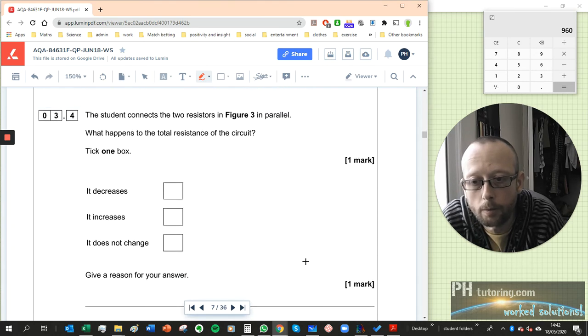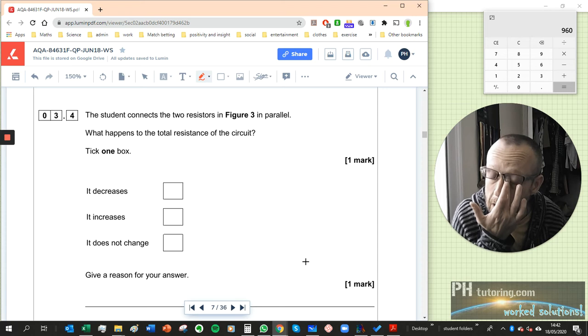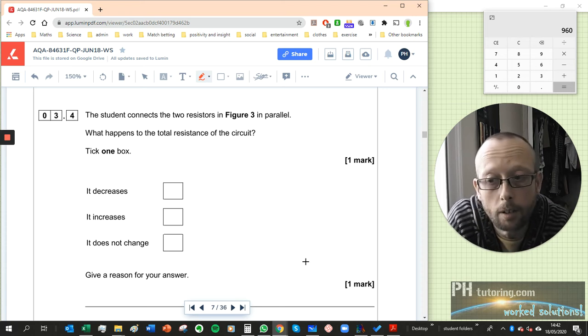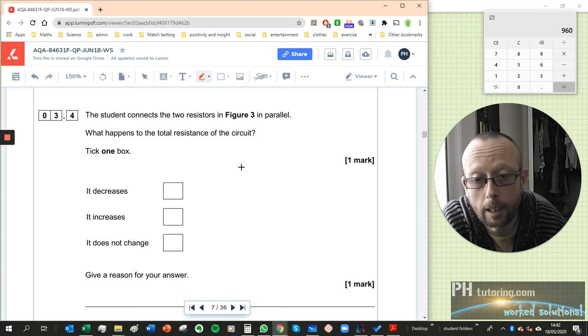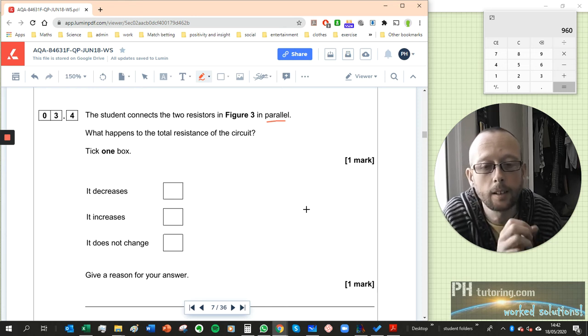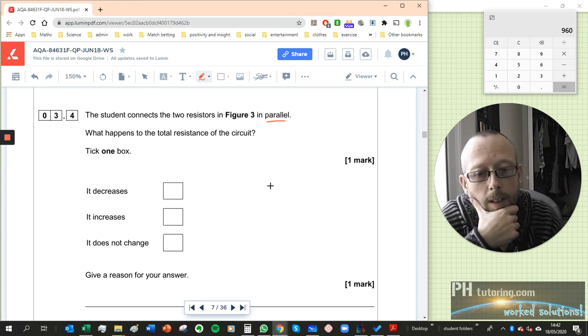Right. Number 3.4. The student connects the 2 resistors in figure 3 in series. Sorry, in parallel. Okay, it's in parallel now, not in series. What does parallel mean? Well, we know what parallel lines are.